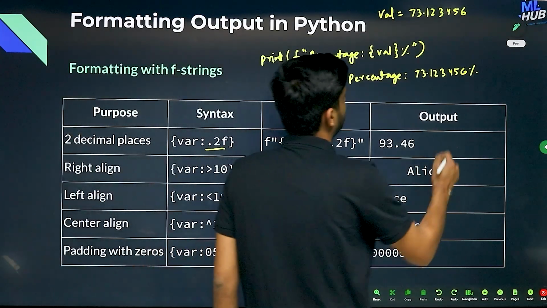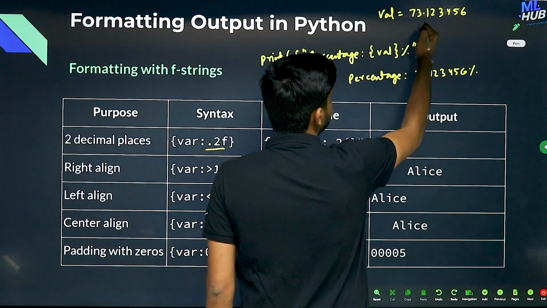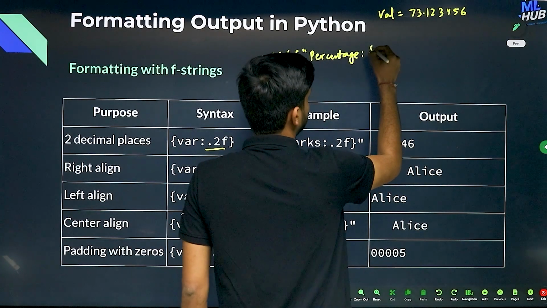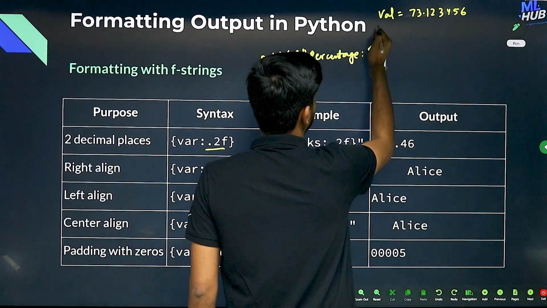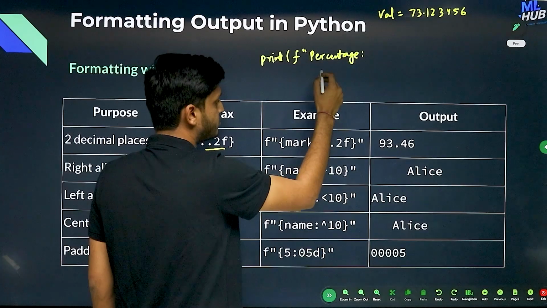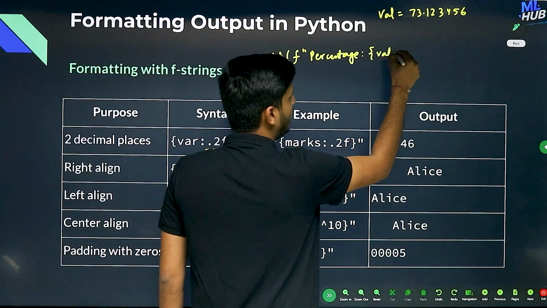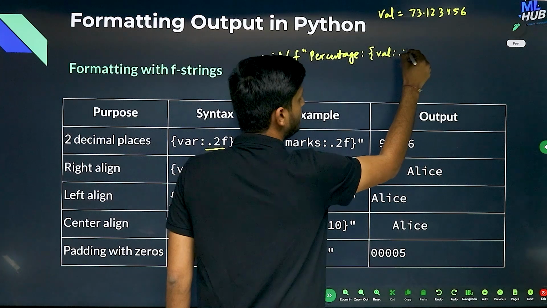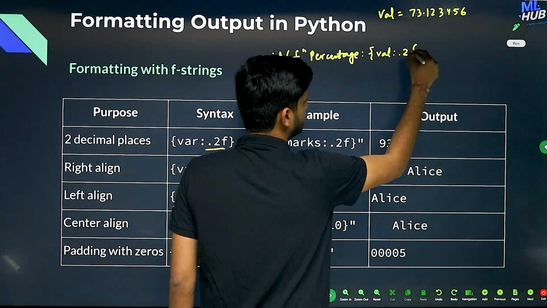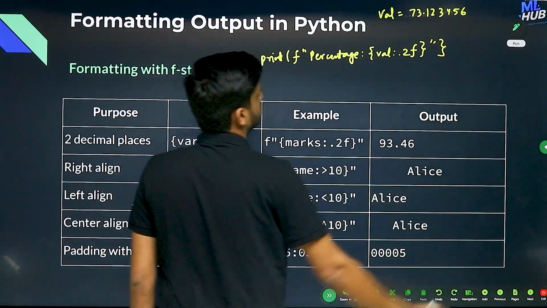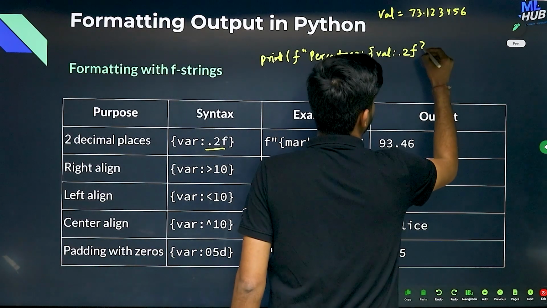So then what I will do, instead of writing it like this, I will say, so again I am using the formatted string, but now I am saying print the variable val and also print it with .2f, round bracket.